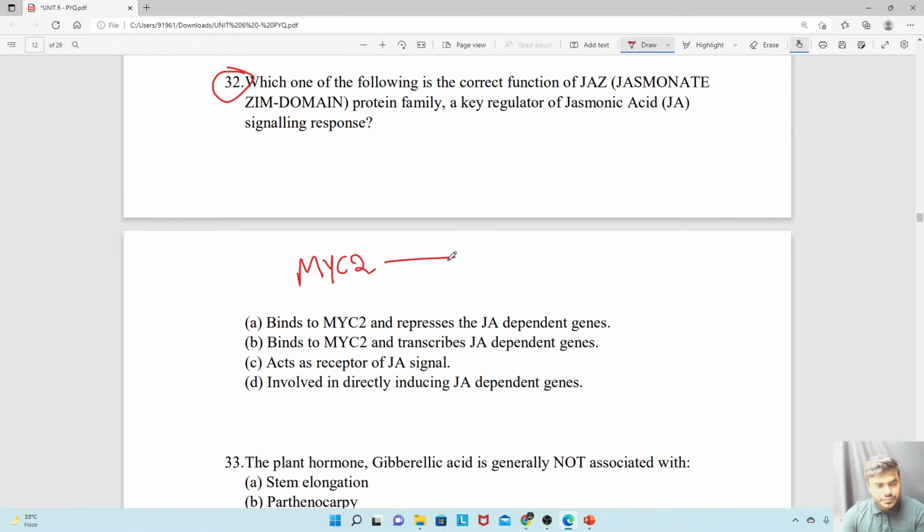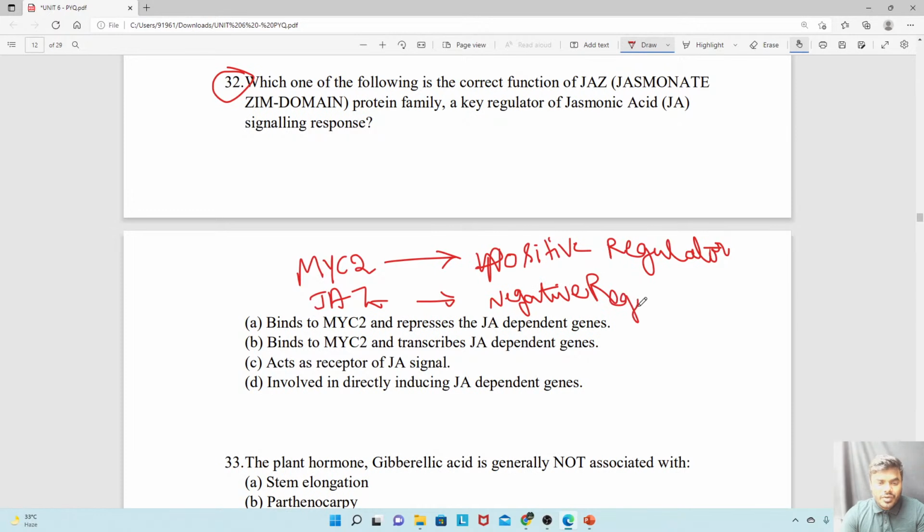MYC2 is the positive regulator. JAZ is the negative regulator.